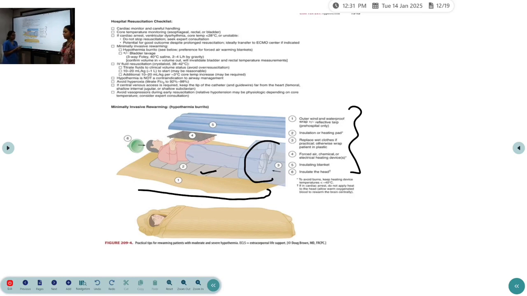Then a forced air or chemical or electrical heating device will be kept, and then an insulating blanket will be covered over the patient, and then we will also be insulating the head region. But if the patient is in cardiac arrest, we shouldn't apply heat to the head. So these 6 layers of protection will be given to the patient in rewarming. This is the active, external, minimally invasive rewarming technique.